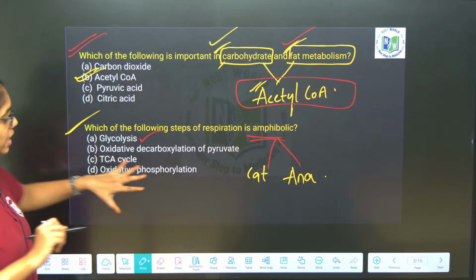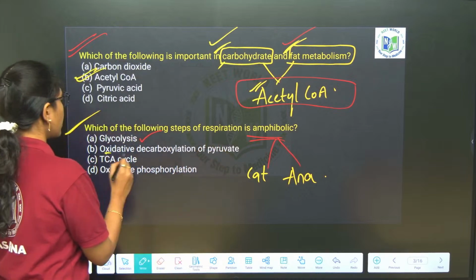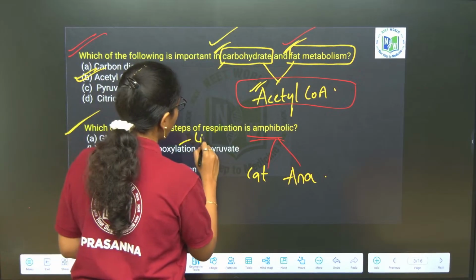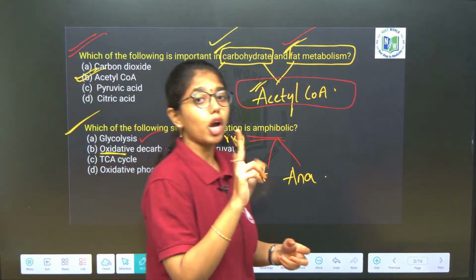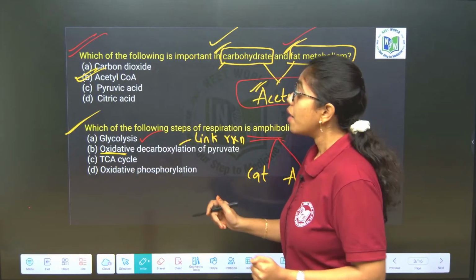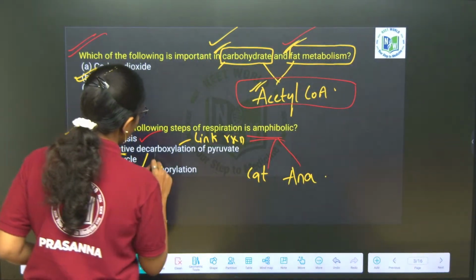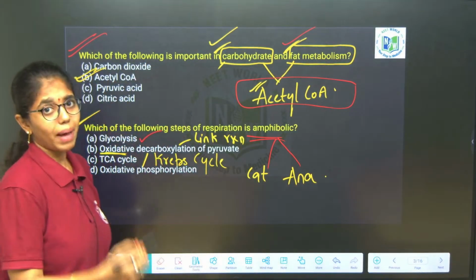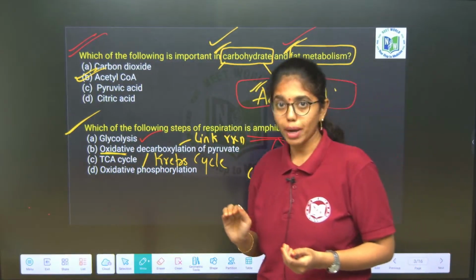But here you look at the second question and answer, ma. Oxidative decarboxylation of pyruvate, second option. He is talking about the link reaction. In the link reaction, as it is only one step, both anabolism and catabolism are not involved. Whereas in the TCA cycle or Krebs cycle, many intermediary pathways are involved, where a few are the end products of a few biosynthetic reactions.